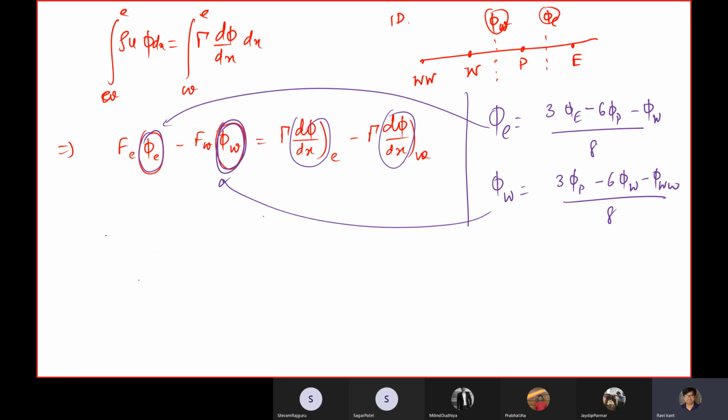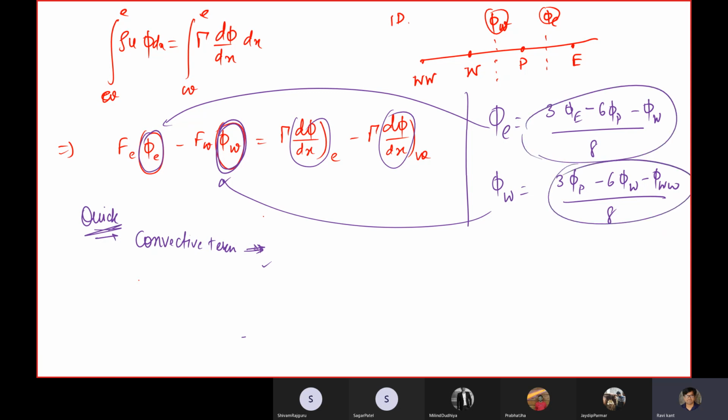So remember, in the QUICK scheme, convective terms are always kind of varying with schemes. In the central scheme it was some sort of average. In our upwind scheme, it was influenced from neighboring nodes. In the QUICK scheme, it will be estimated by your QUICK formulation.